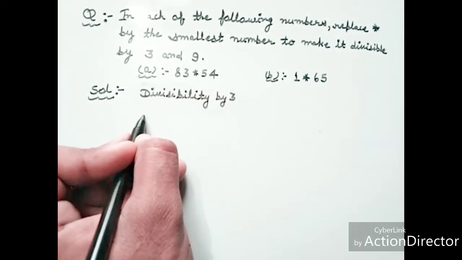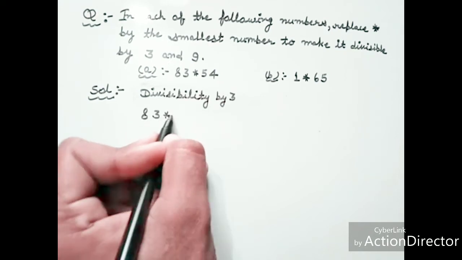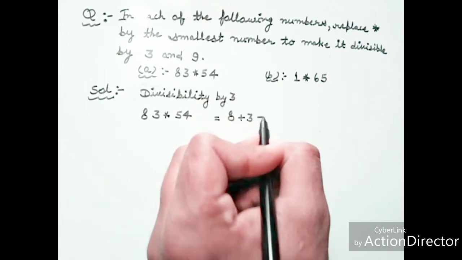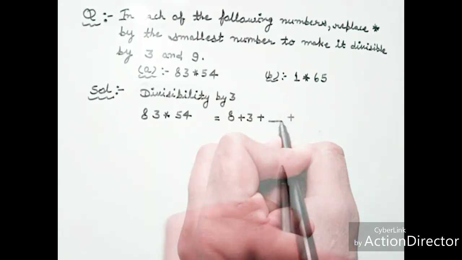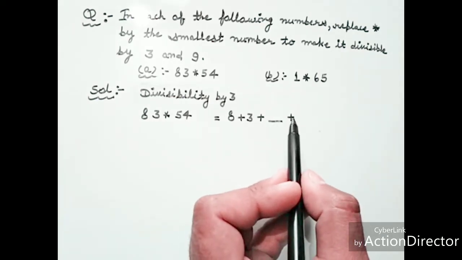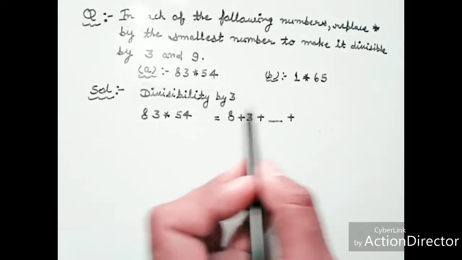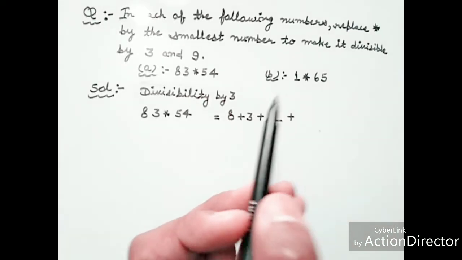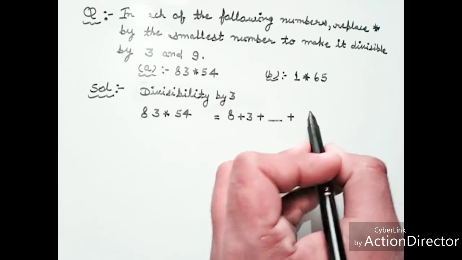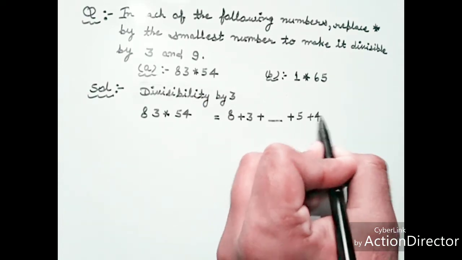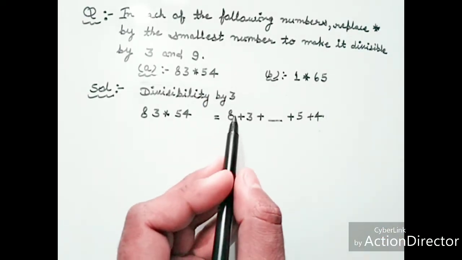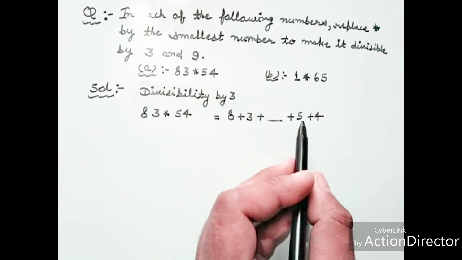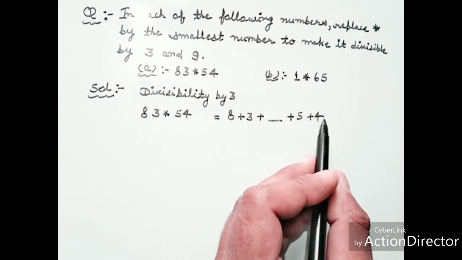So first we add all the numbers: 8 plus 3, then we take a space here because first we add the other numbers, after that we add the number which makes this number divisible by 3, then 5 plus 4. Now first we add 8 plus 3 is 11, plus 5 is 16, plus 4 is 20.